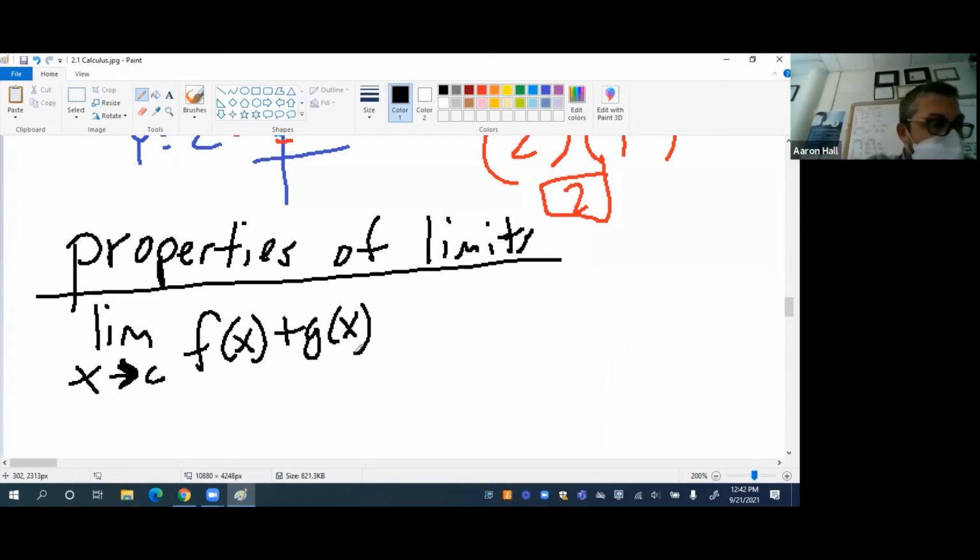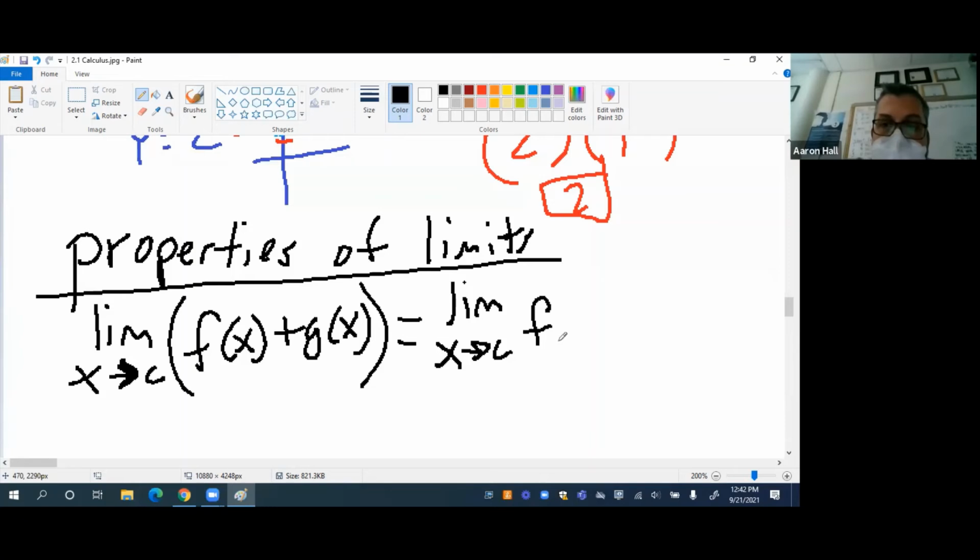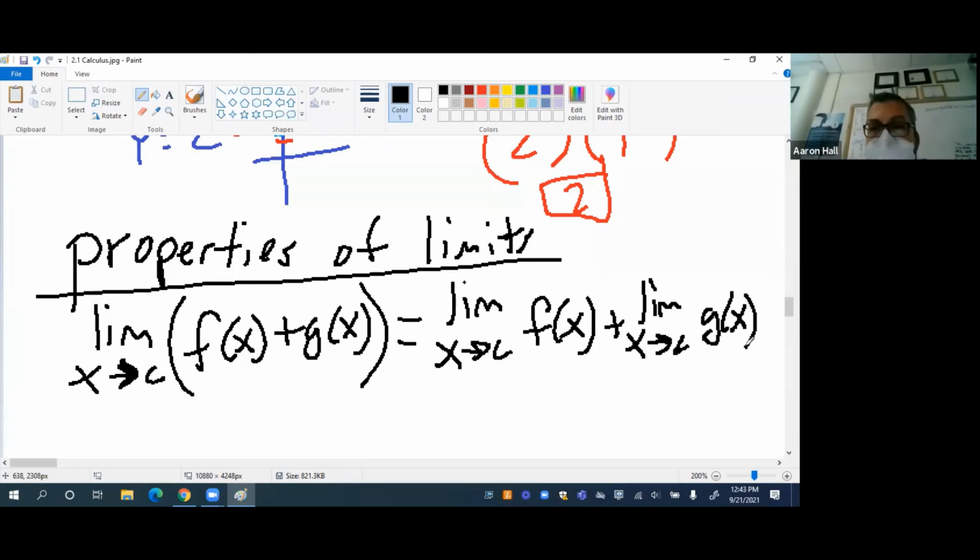If it's intuitive, then what should this property be? We can have the limit as x approaches c of f of x plus the limit as x approaches c of g of x. The sum rule: the limit of the sum of two functions is the sum of their limits. Awesome, cool.